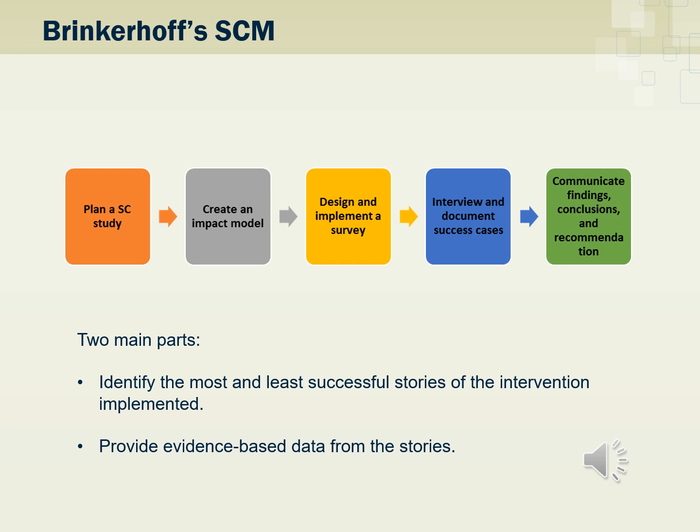This outlines what success should look like, helping us know which behavior or result to focus on. Third step is surveying participants to find the best and worst cases. The survey is just a starting point to identify a small group of successful and unsuccessful participants for deeper evaluation.